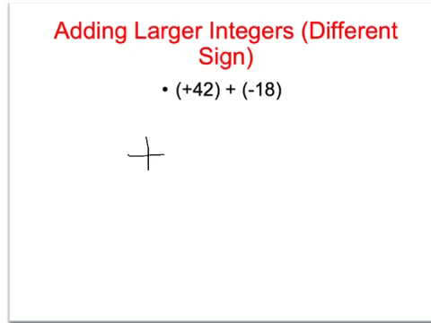And then the negative army was smaller, so we'll just ignore those guys. What we're going to do now is subtract the absolute values of these two numbers, 42 and 18. When I do that, it comes to 24, positive 24 in brackets. So I keep the sign of the larger absolute value, and then I subtract these two numbers. I could do it on a calculator, but I'm only going to use a calculator if I need it.